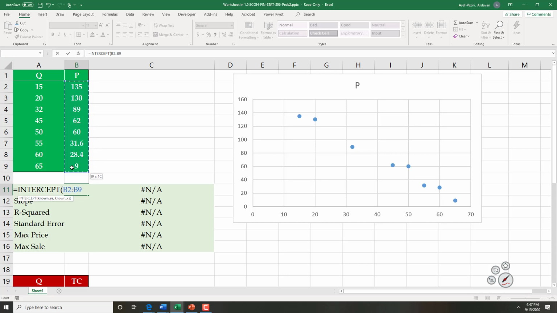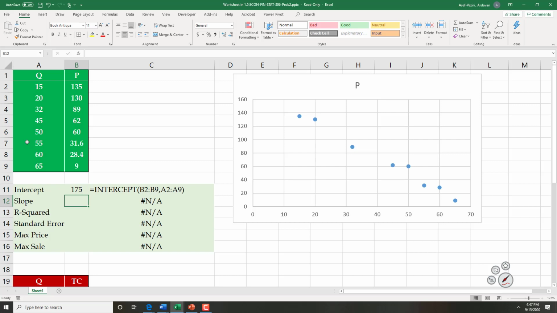Here my y values are my price, and then it asks where are your x values, and quantities are my x values, and I find 175. Therefore, the maximum price for this product is $175. Indeed, at $175, we sell nothing.